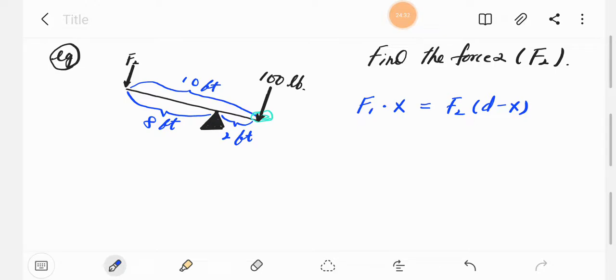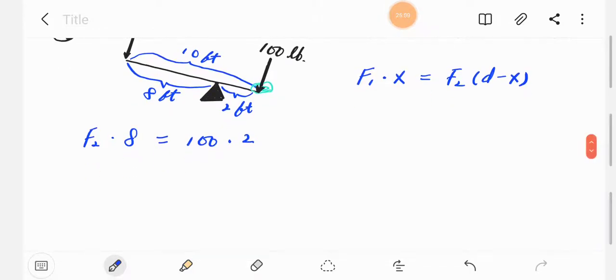The force times the distance on one side should be equal to that on the other side. So F2, the force, times the distance on the left hand side, 8, should be equal to the force on the right hand side, 100, times its distance, 2. So we have the equation.